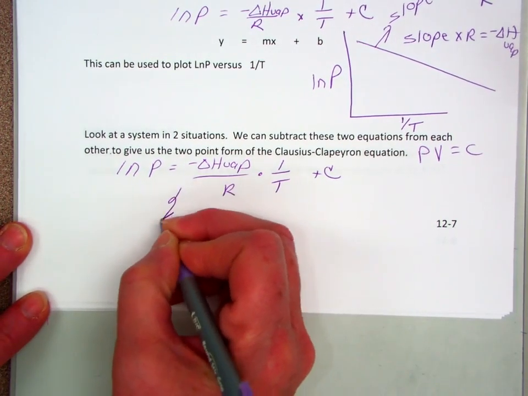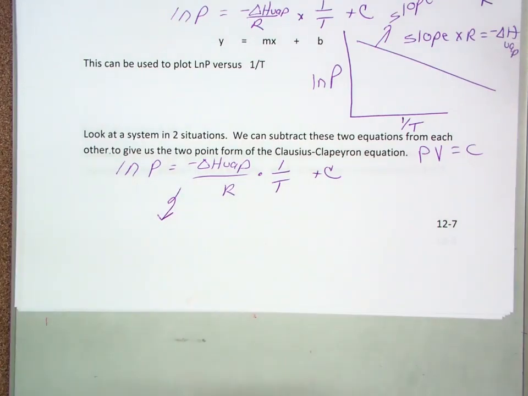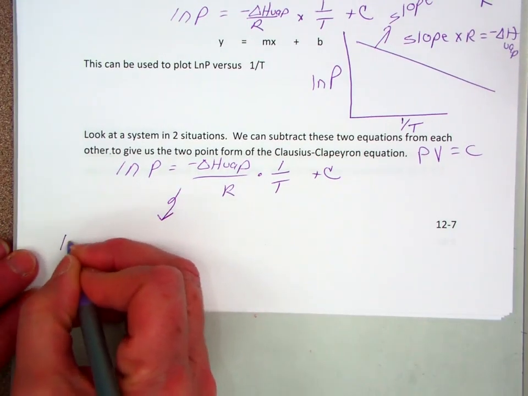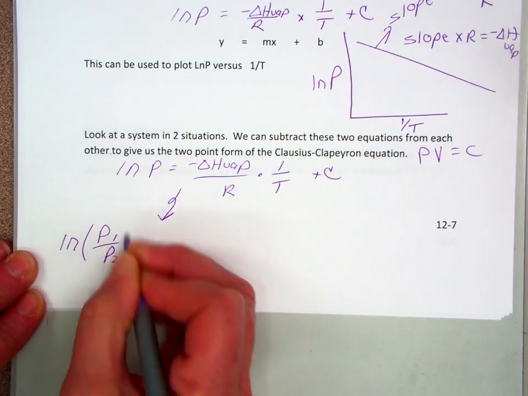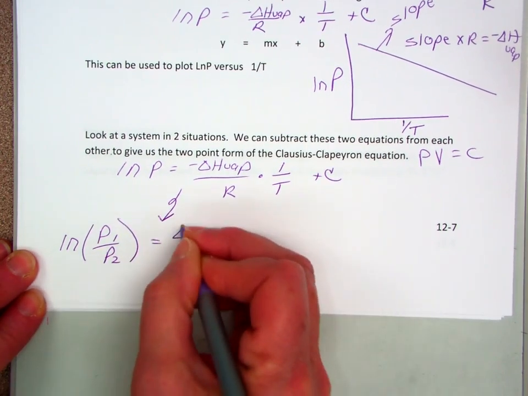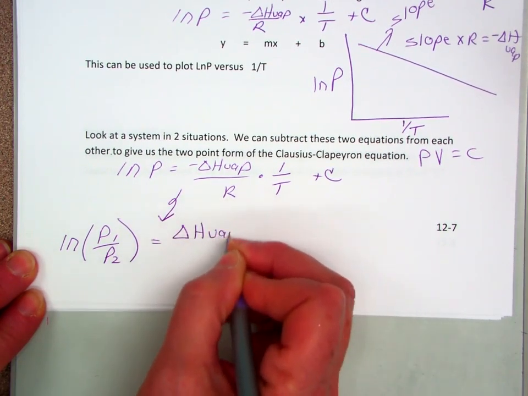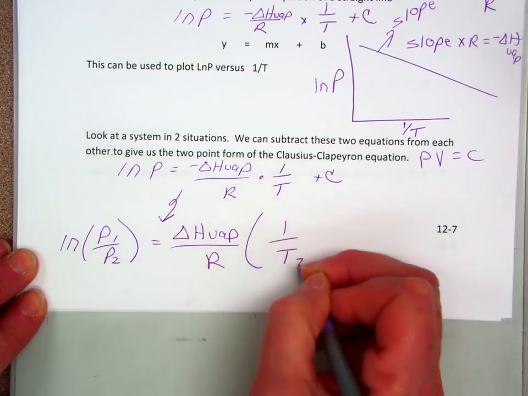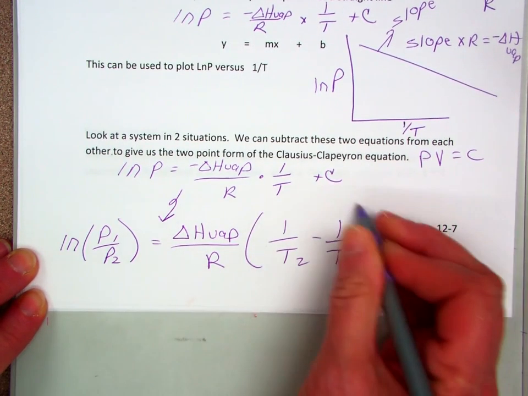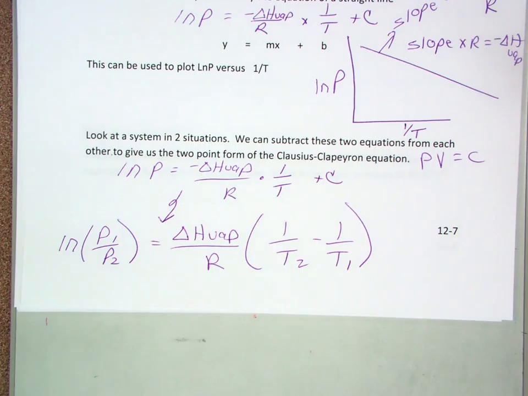So we can rearrange this into a two-point form, and it looks like this. The natural log of P1 over P2 is equal to the enthalpy of vaporization over R times 1 over T2 minus 1 over T1. I'll give you just a moment to write that down, and then I want to talk about it.